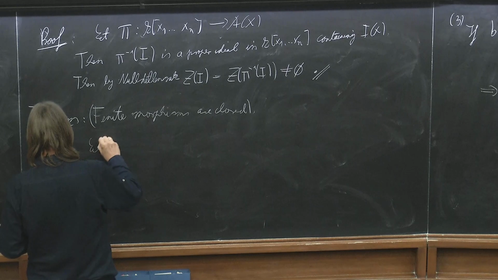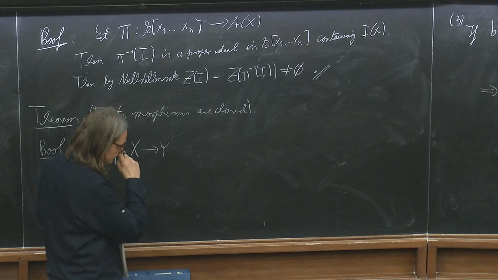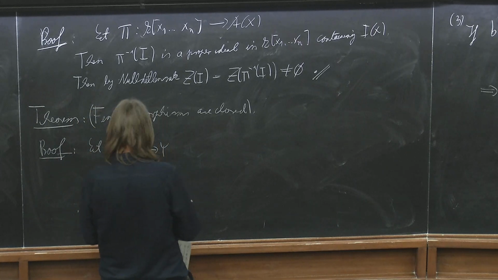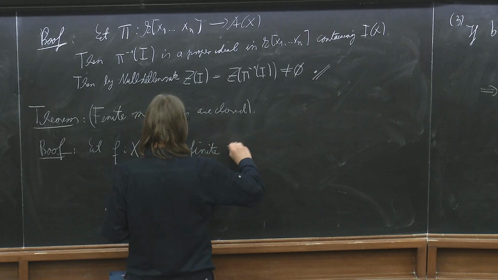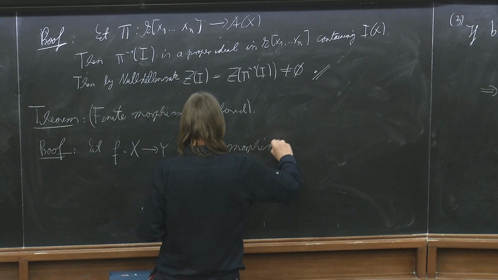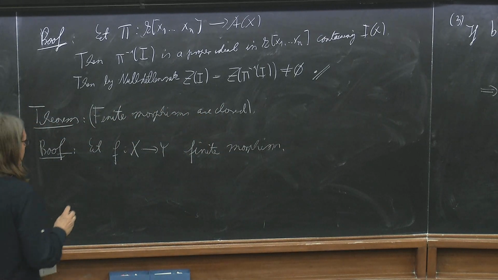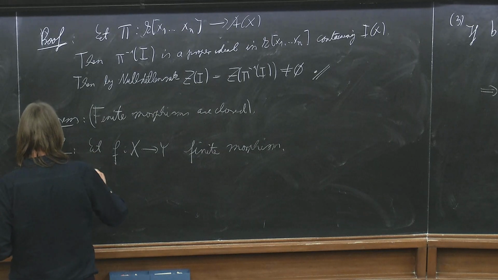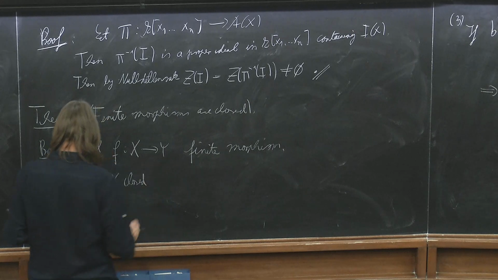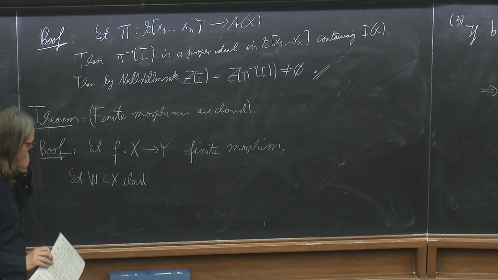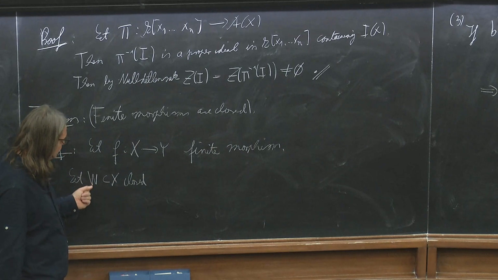So let f from X to Y be a finite morphism, and it's always understood that this means of affine varieties. So we are supposed to take a closed subset, and we can assume, if we show this for a closed irreducible subset W, that's enough.